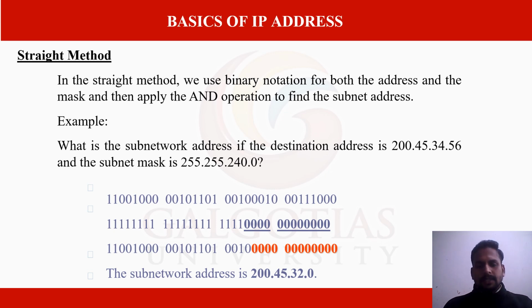Below, they have given the binary values of these two, and then they do the AND operation with the IP address and the subnet mask. When we apply the AND operation, the combinations of zeros and ones, and ones and zeros, give 0, and the combination of 1 and 1 gives 1. If we do that, we get the output this way.